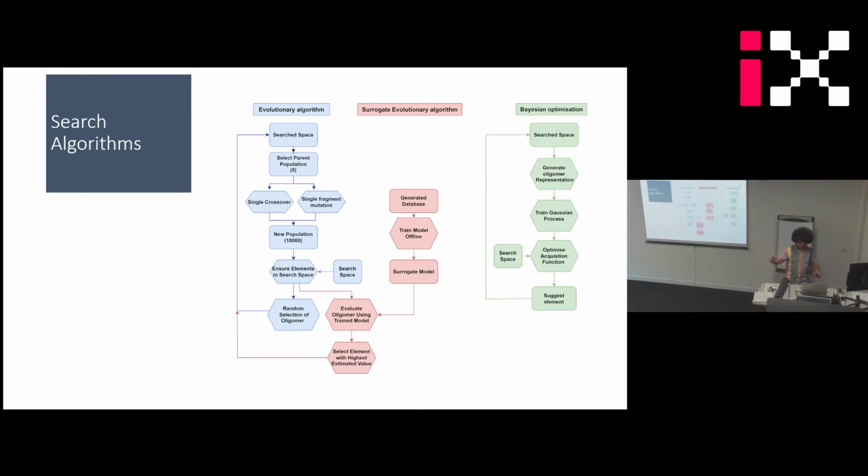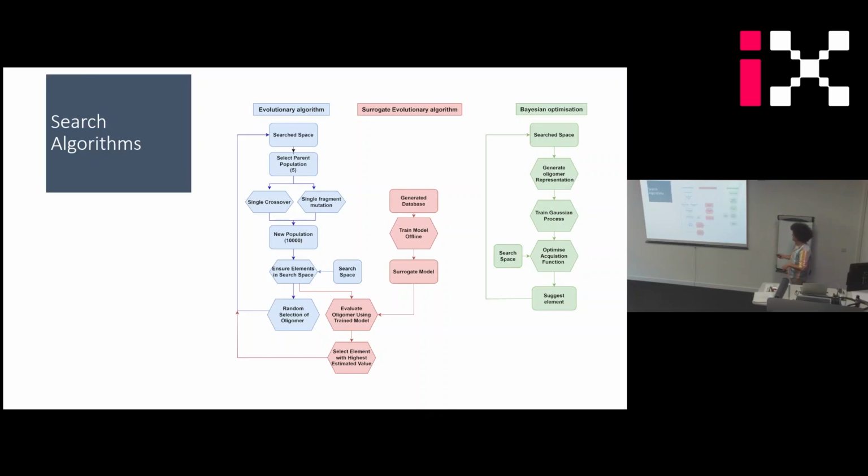With that approach, you're assuming that the property of your molecule is related to the fragments, and that having good parents would give you good children, basically.